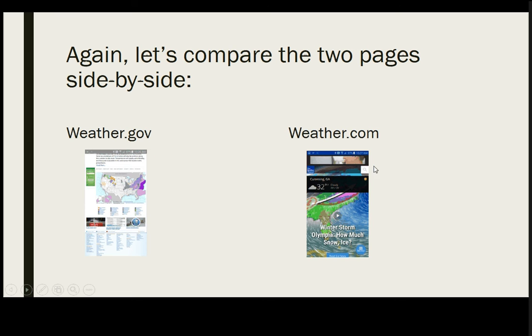I just pulled the two screenshots side by side to give you a better comparison. Because when I put them into the other slides, for some reason it kind of cut parts of it off. But as you can see here, this is the screenshot for the homepage for weather.gov. Lots going on there, not very user-friendly. For weather.com, you can see they based it on my location. So with their adaptive design, they were able to recognize where my device was located.